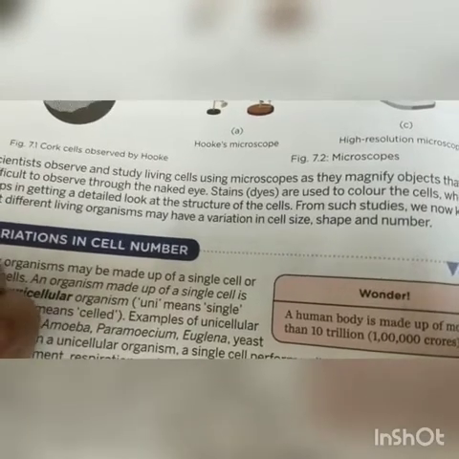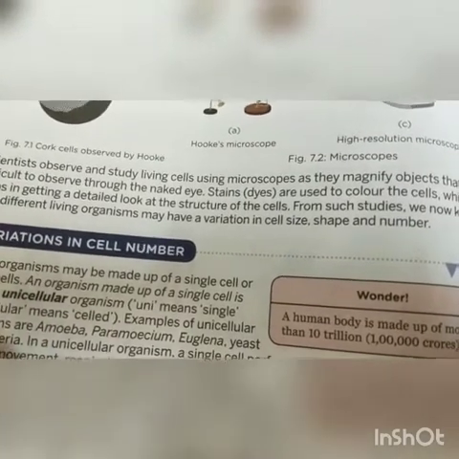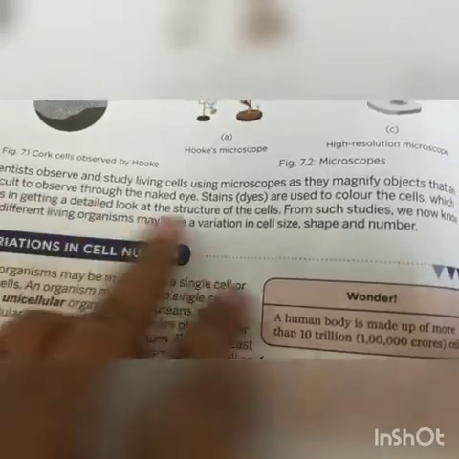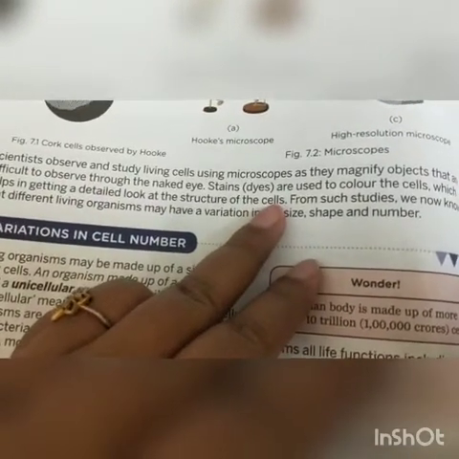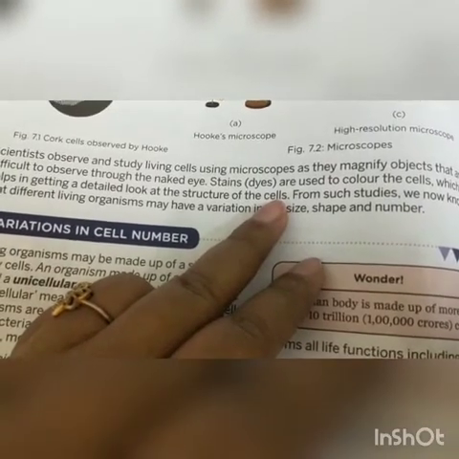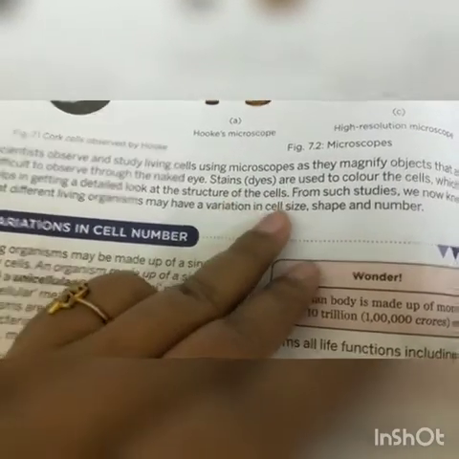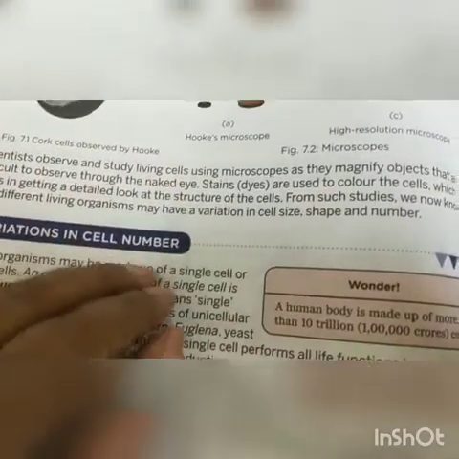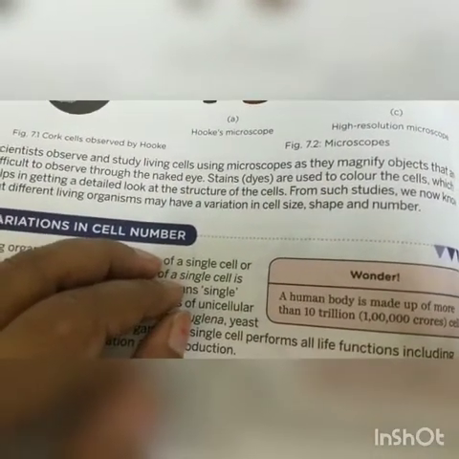So scientists use a microscope to observe cells. They also use a stain, some color, so that when they apply the color, all the parts of the cell become more clear and distinct.